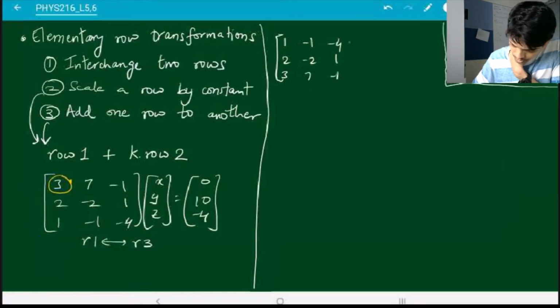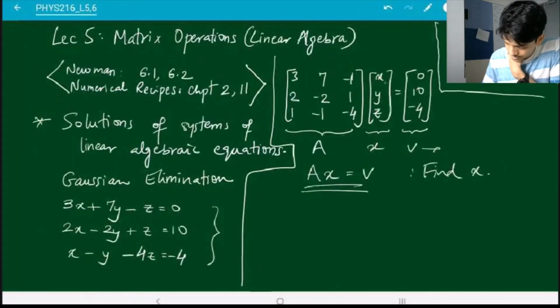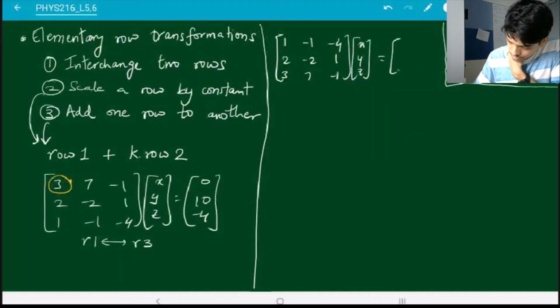So I've interchanged these 2 rows. I realized I called this one also x, which is the same as the small x, so let's call this capital X. It is equal to, right hand side also has to interchange the first and the third row, so I get minus 4, 10 and 0.